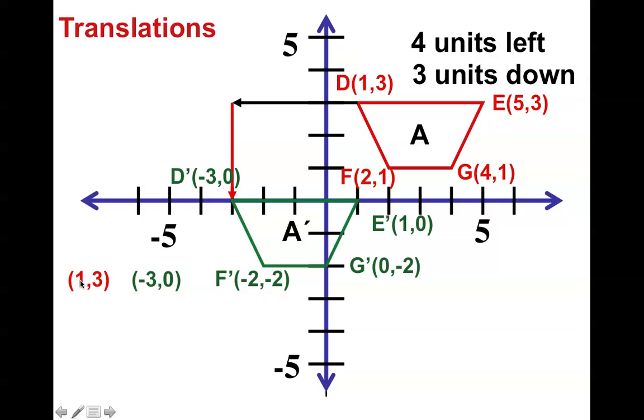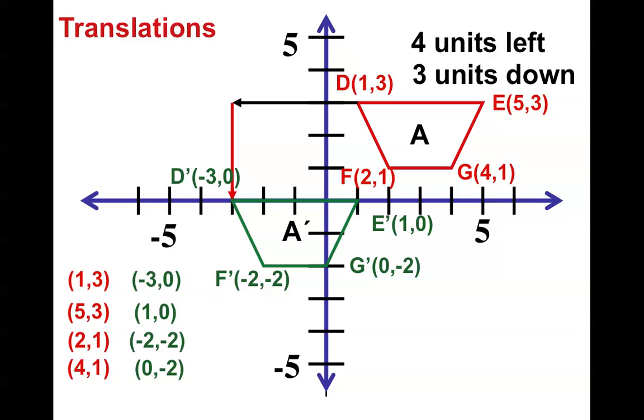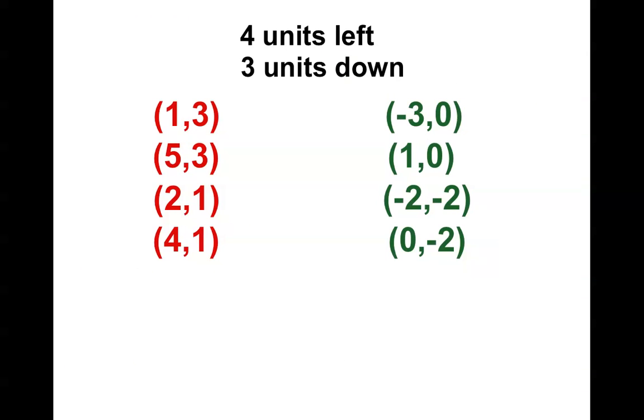From X, we went from 1 to negative 3, and from Y, we went from 3 to 0. Same for points E and image E, and the other points as well. So these were our original points, and these were our image points.